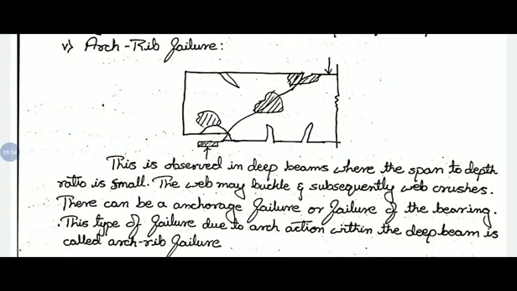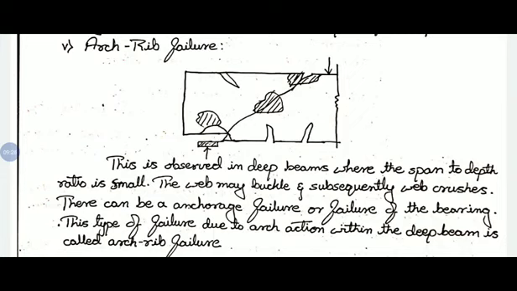So the web may buckle and subsequently web crushes. Buckling of web may occur. This web buckling you might have observed in steel design. So the same concept we are applying here. The buckling of web may occur, or the concrete in the web portion will get crushed and loses its strength.